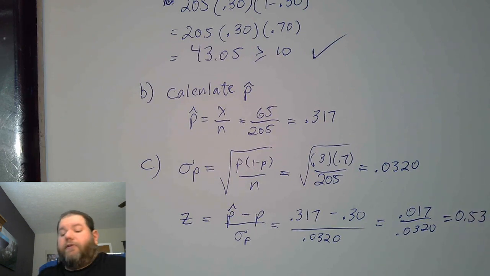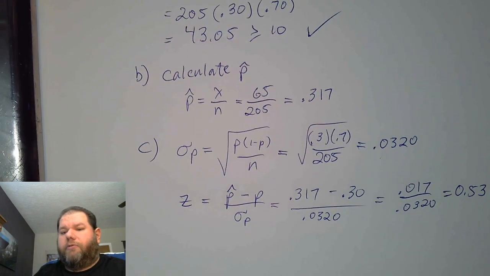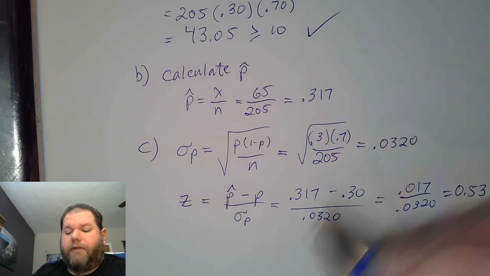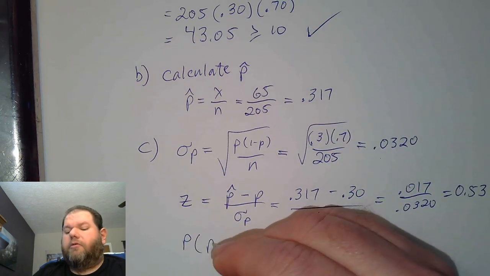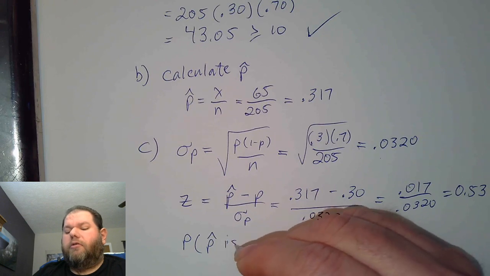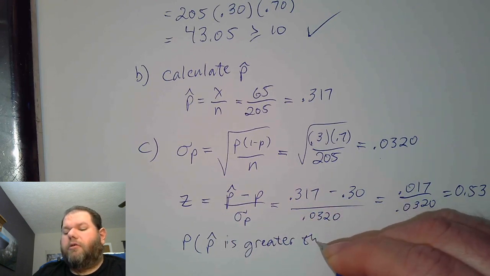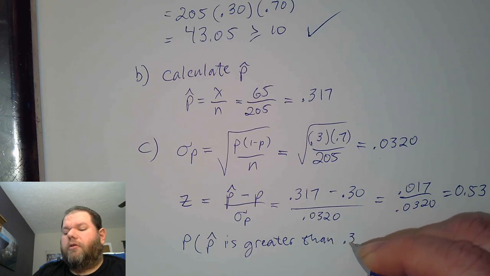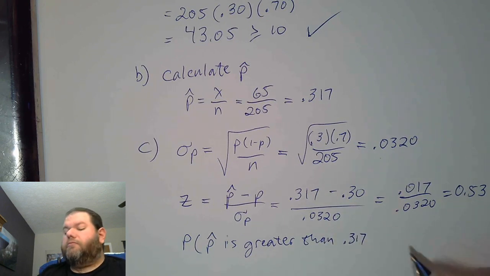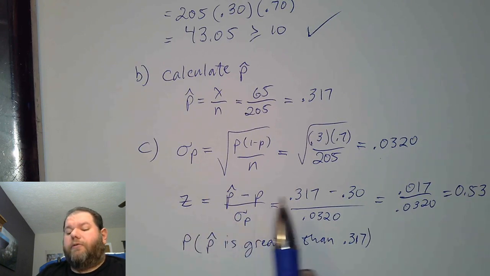Okay, that's our z-score. Now, remember when I read the question, we want the probability that p hat is greater than 0.317. So we calculated the z-score for 0.317.